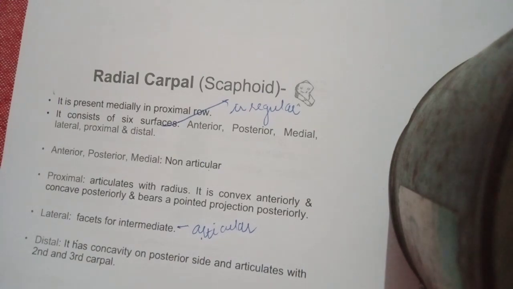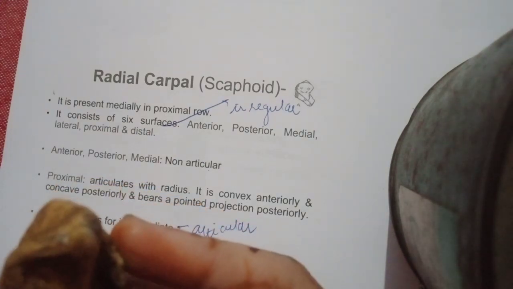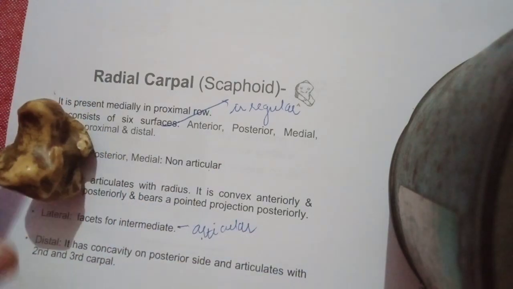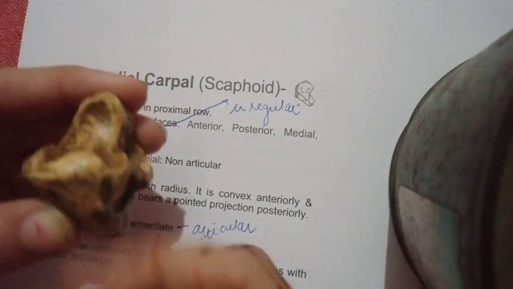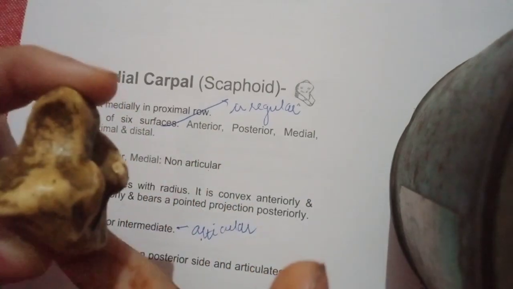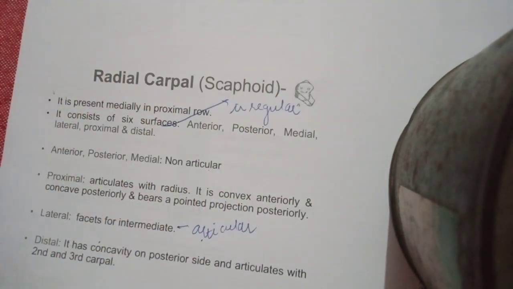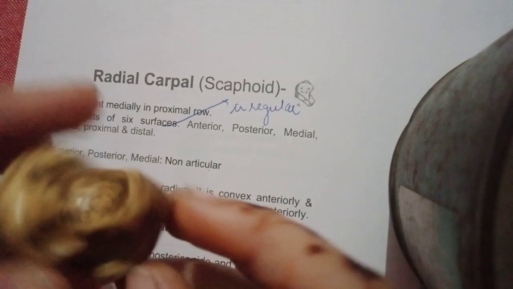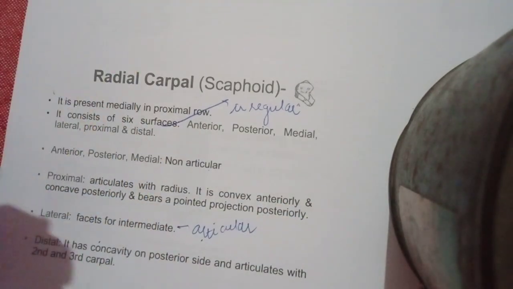Let me remind you, okay, repeat it fast. It is present medially in the proximal row, यानी कि सबसे पहला ये होएगा. इसके 6 surface हैं: anterior, posterior, proximal, distal, lateral and medial. ठीक है. Proximally, that means like this. इसको पीछे रखना है, ठीक है.